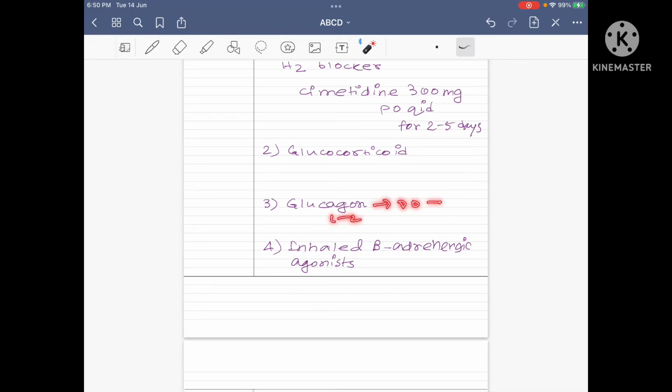Dose is 1 to 2 mg IV stat, followed by 5 to 15 microgram per minute, titrated to clinical response. That's it. Even resistant bronchospasm can respond to inhaled beta adrenergic agonist, 0.5 ml albuterol with 2.5 ml NS in nebulized form, which will treat the bronchospasm.